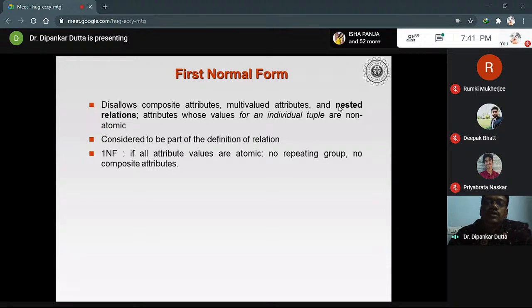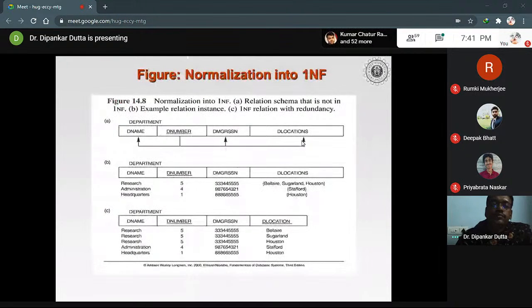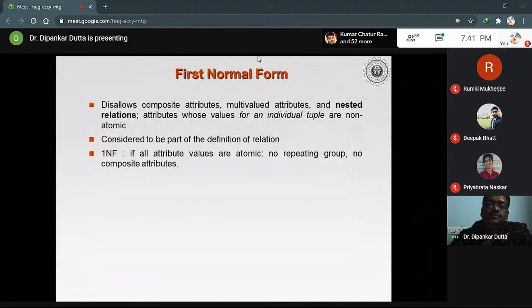So disallow nested relations. Nested relation means that under a relation there are relations, multiple relations. So we should disallow that. In one short, in a cell we should not put a value that we can divide.